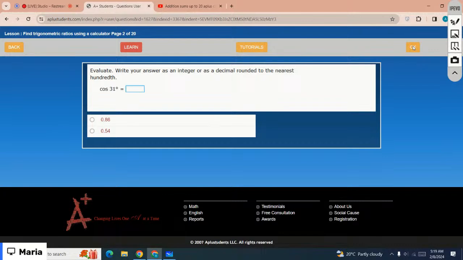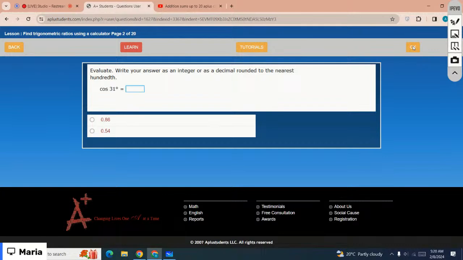Evaluate cos 31, which is the correct option. You have to evaluate cos 31.